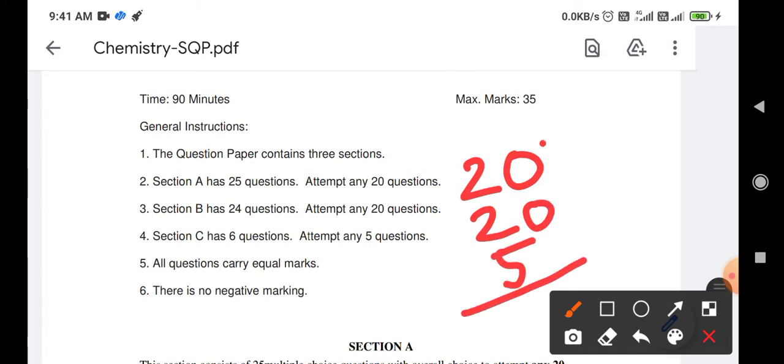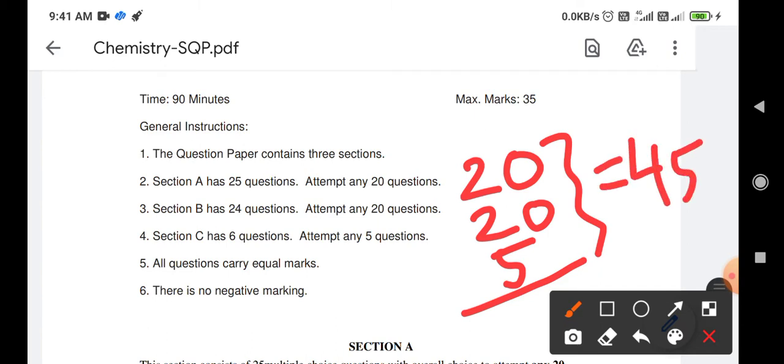We are going to answer 45 questions, and the maximum mark is 35. So what is the marking that each question carries? You can calculate easily: there are a total of 45 questions, and the total marking is 35.